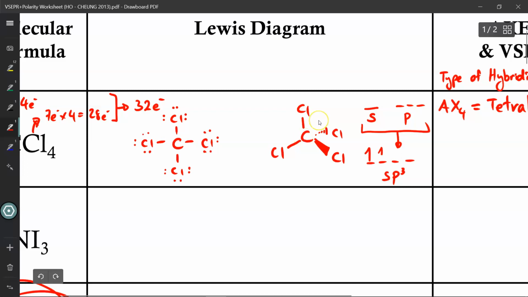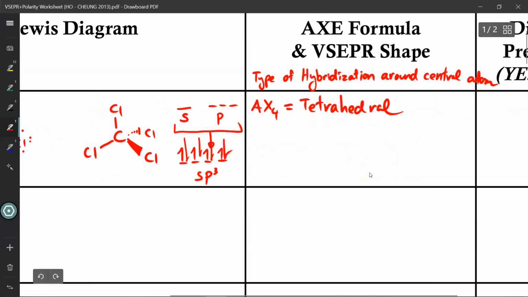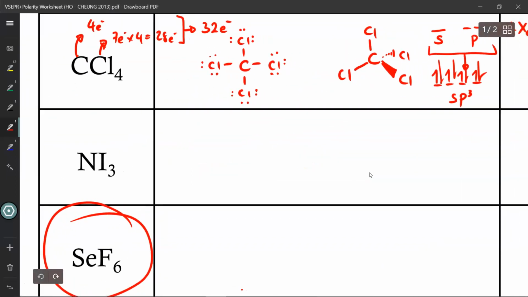So 1, 2, 3, 4, and that matches up because now each chlorine can latch on here, here, here, and here in order to form the octet structure and fill in all the empty orbital spaces. All right, so we're going to say it's sp3 hybridization.